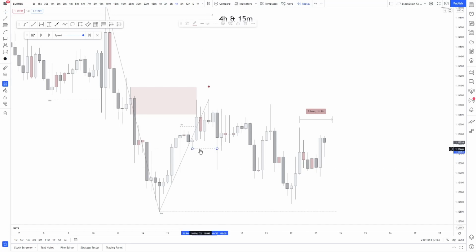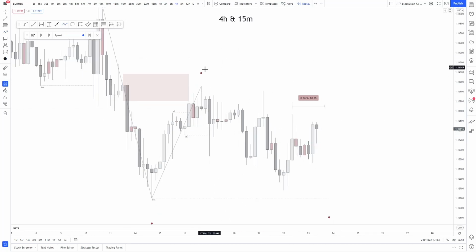If bullish intent was to stay in this market, price would respect this and fly off, right? But it didn't. We traded through, and we respected the high of this ever since. Price was unable to break it again.